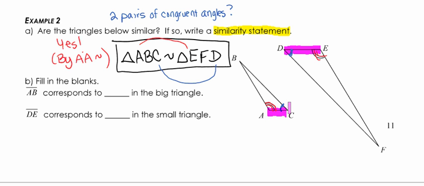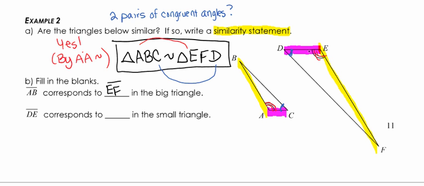So now side AB is going to correspond with, well, side AB connects my angle with two arcs to my angle with no arcs. So I need to connect the angle with two arcs, E, to that angle with no arcs, F, in the bigger triangle. So side AB is going to correspond with side EF in the bigger triangle.